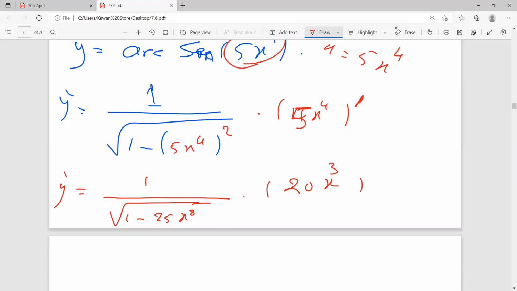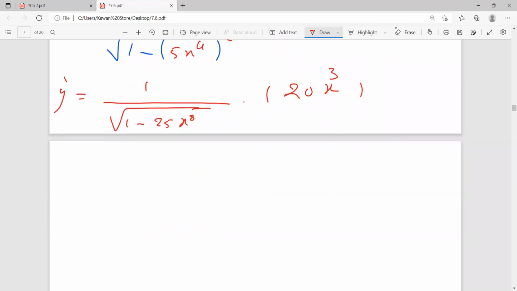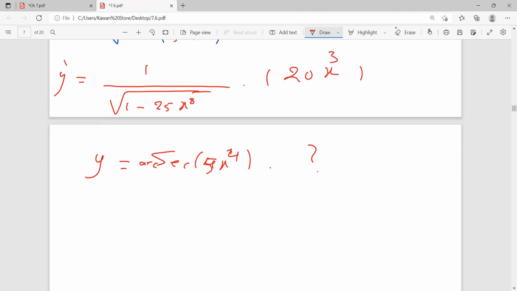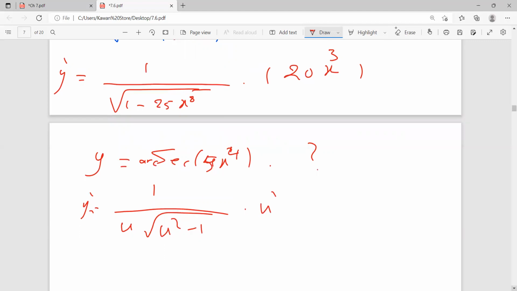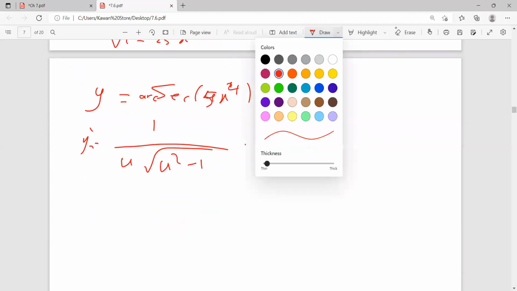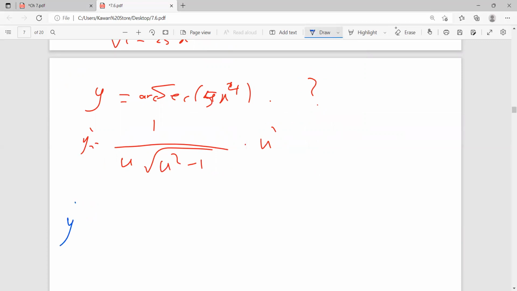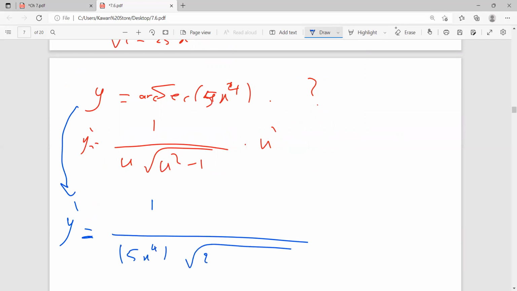Easy or not? Easy. How about the secant? If y is equal to secant inverse, or arc secant, of 5x to power 4. Yalla. First of all, write the formula. Say y prime of secant inverse is equal to 1 over u times square root of u squared minus 1, times u prime. Here's the formula. Now I'm going to solve it.